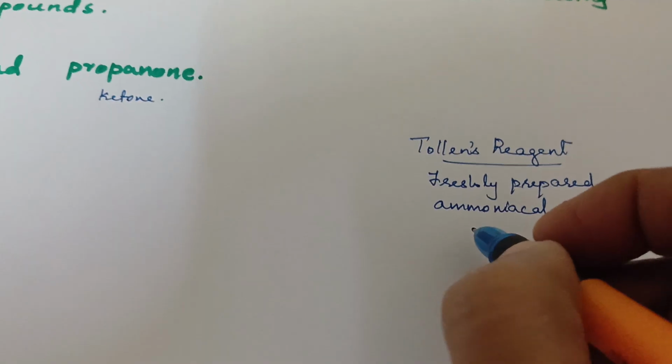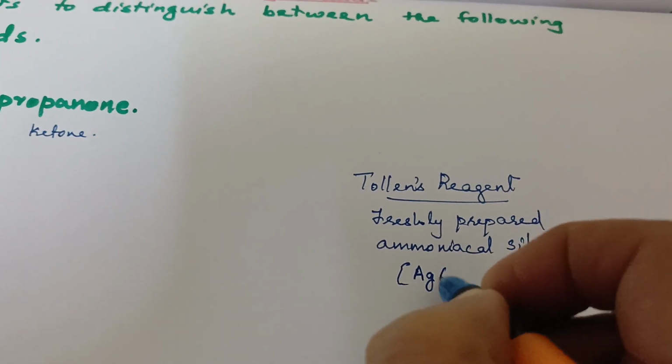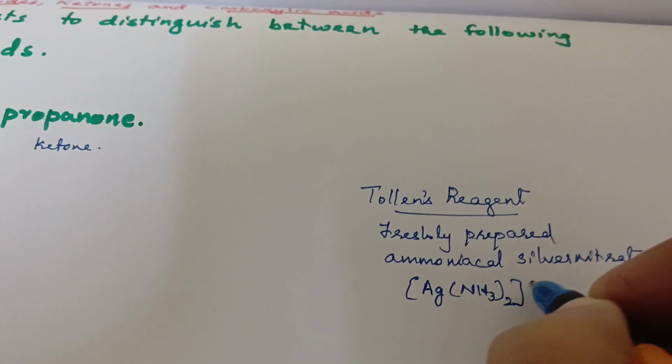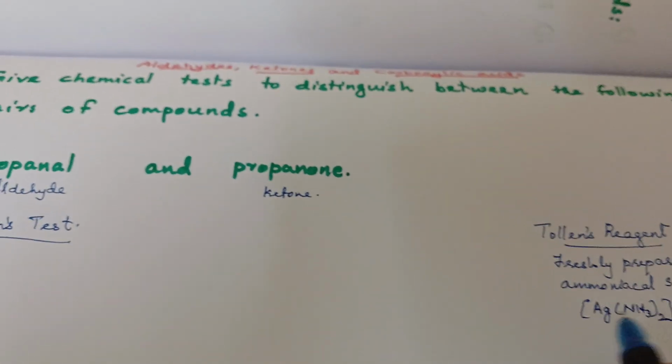You can represent it as Ag(NH3)2 plus. So this is Tollens reagent.